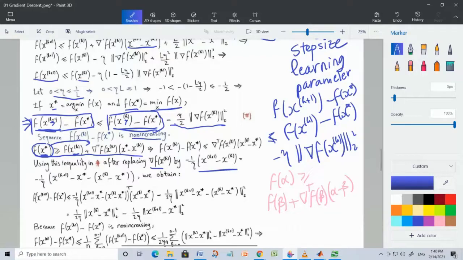So we take the function at the kth iteration minus the minimum of f, and we take the value of the x vector at the kth iteration or the k plus 1 iteration, and we want to see how far it is from x star, where f of x star is the minimum value. And so again, using the property of convexity, we can upper bound this term and get this inequality.